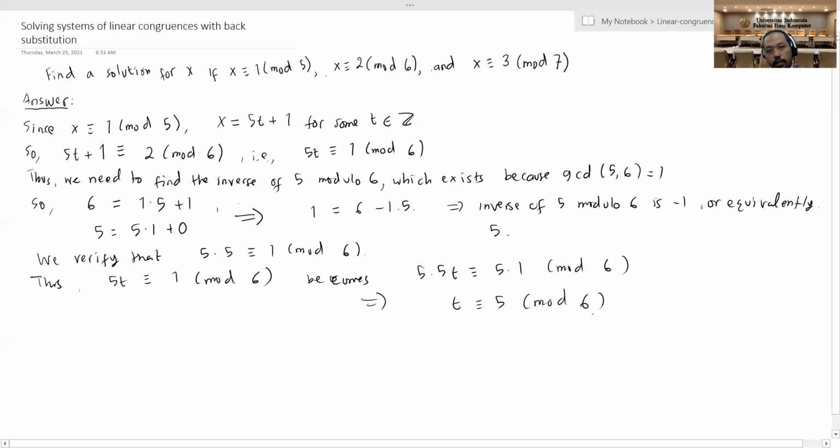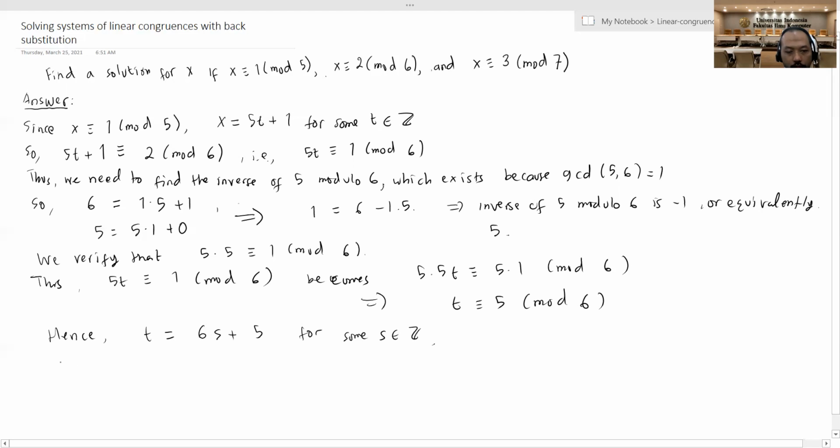All right. Now, if t is congruent to 5 modulo 6, then t is equal to 6s plus 5 for some integer s.